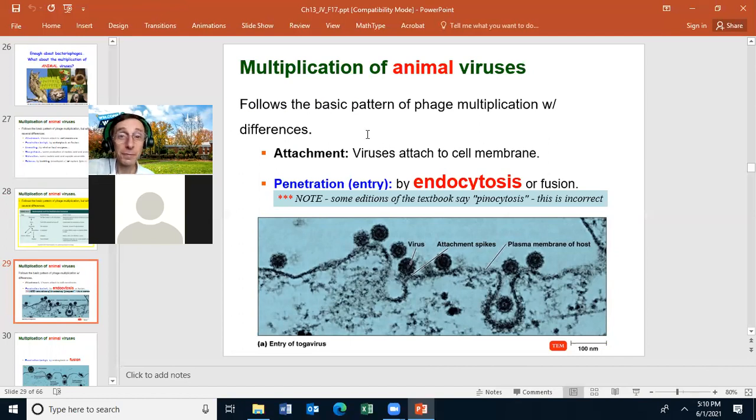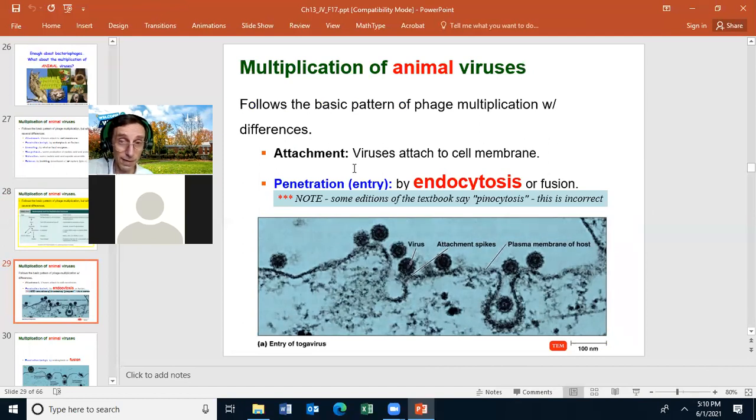Anyways, the multiplication of animal virus follows the multiplication of a bacteriophage. There are some differences. The virus is different in that it doesn't attach to the cell wall because animal cells don't have a cell wall.